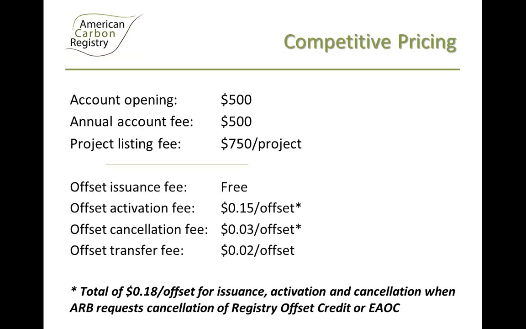Your credits will be fully verified, and then those credits, once sitting in your ACR account, at the time that you're ready to either sell them to a buyer who also has an account on ACR, or you're ready to cancel those credits because you've requested ARB offset credits and ARB has asked us to cancel the credits.